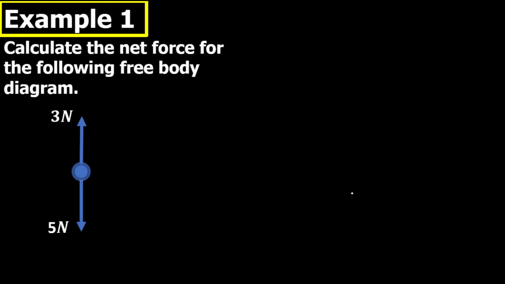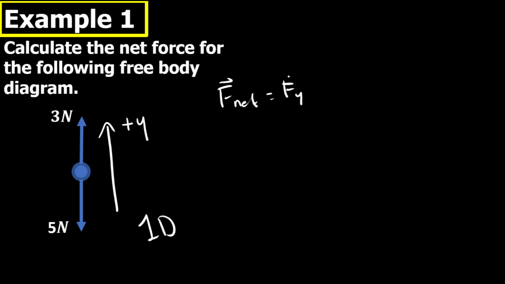Okay, so let's do simple examples of how we can calculate net forces. In this first case, we have a one-dimensional case. This is the positive y direction. So my F net is going to be my Fy.